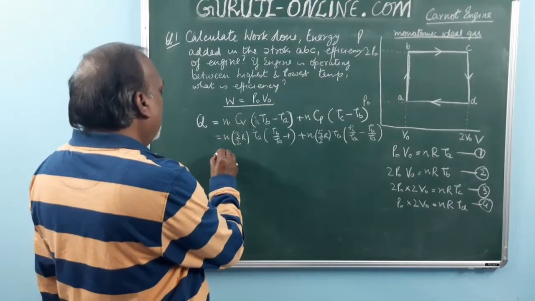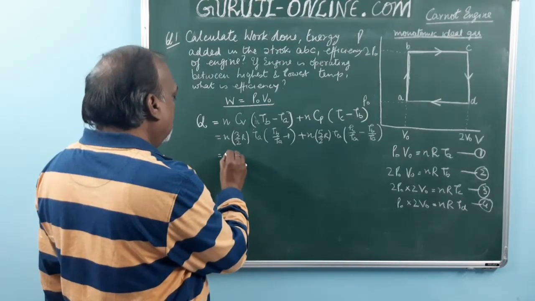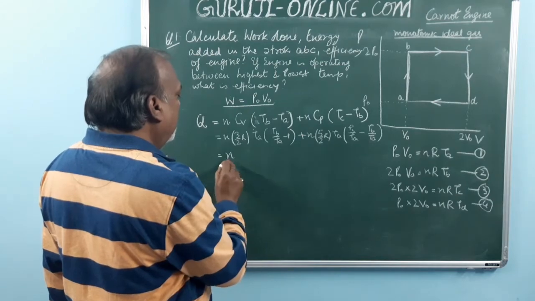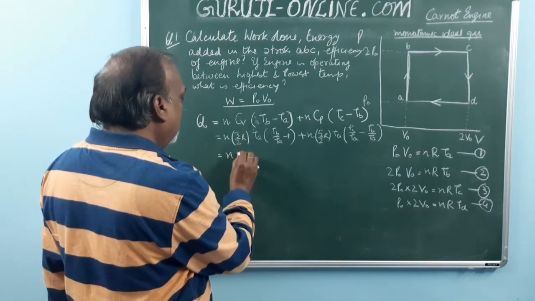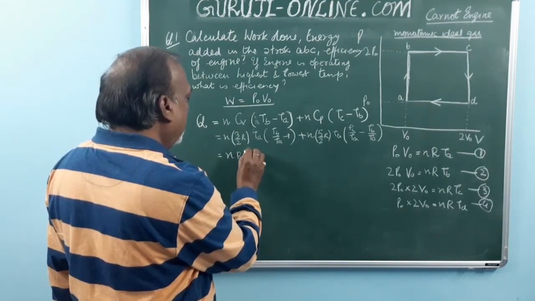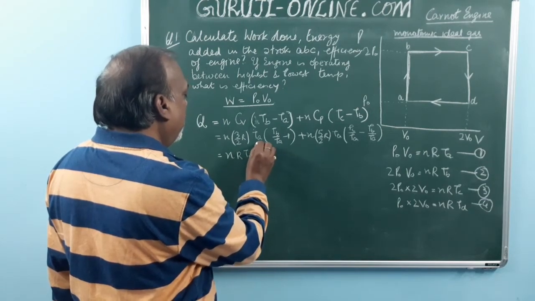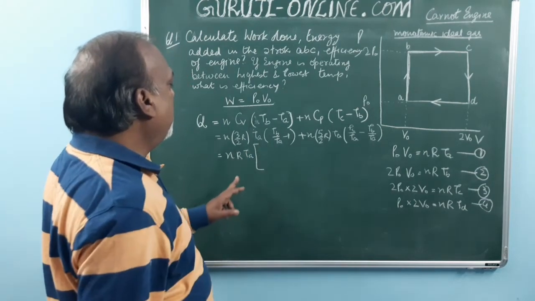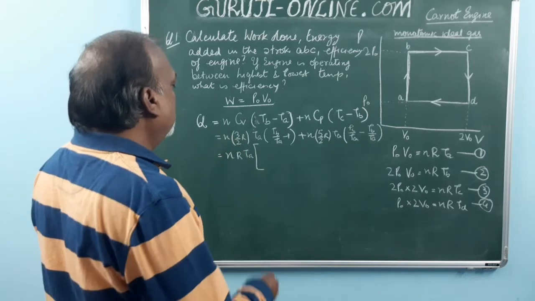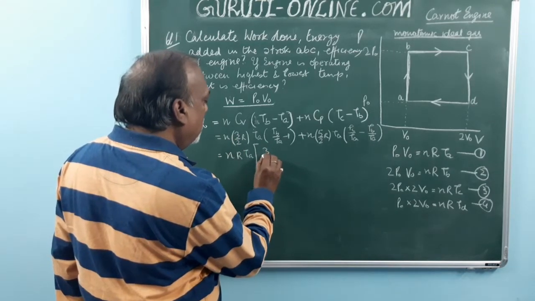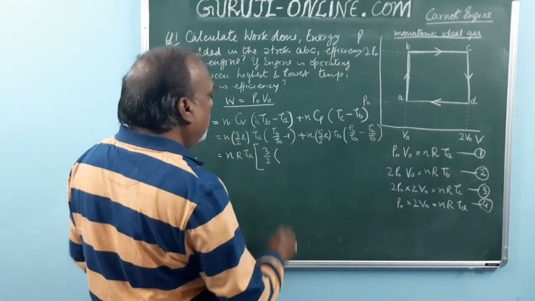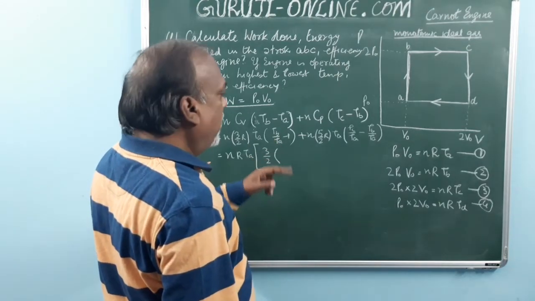So now let us take N, R and TA common. Then this will be 3 by 2. What is TB upon TA?